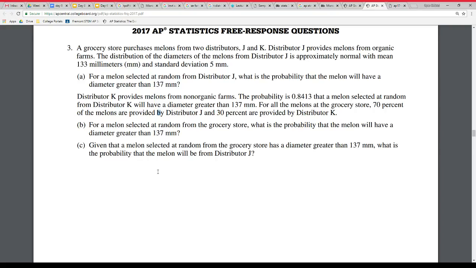So all we have to do is plug it into our calculator. So we'll use normal CDF, and then lower bound, which is 137, upper bound, which is positive infinity, so 1e99, then mean 133, and then standard deviation, which is going to be 5.